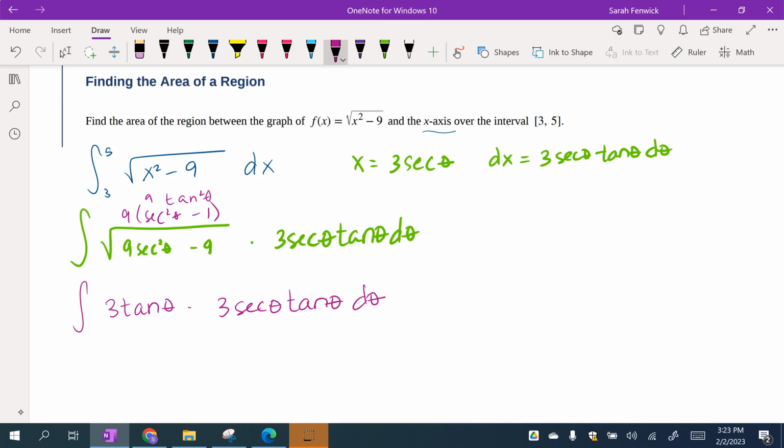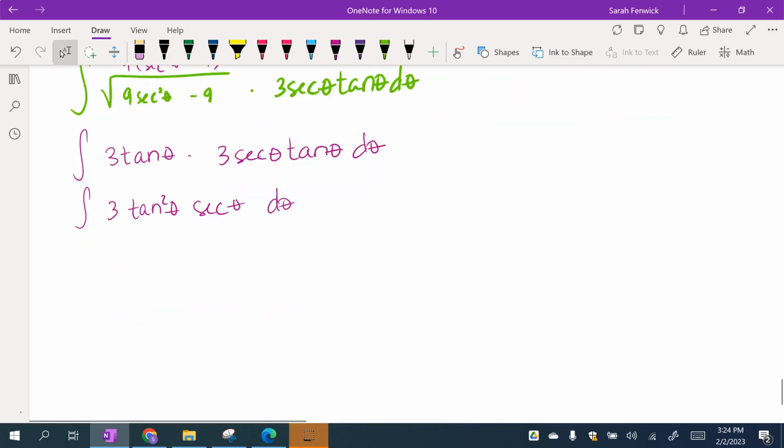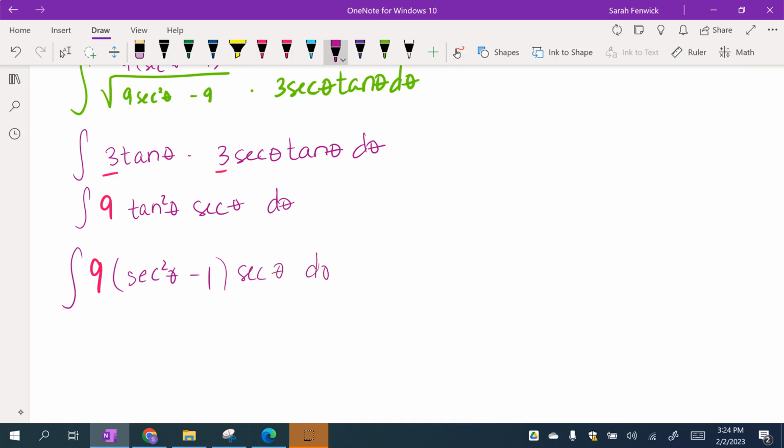Okay, so we have 3 tan squared, turn that back into secant squared minus 1. I just realized I made a mistake right here, because when I multiplied this 3 times this 3, it should have been a 9. Sorry, just wanted to fix it while I was thinking about it. Times secant theta d theta.